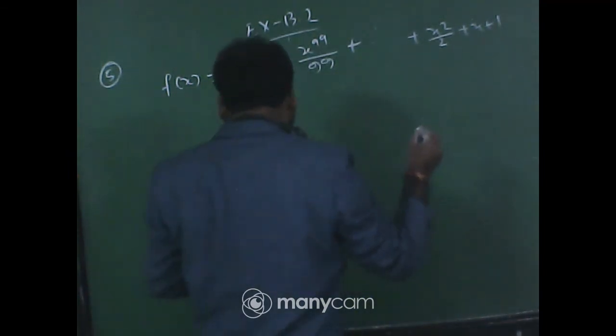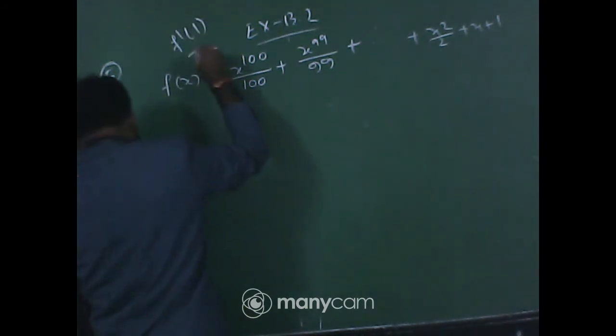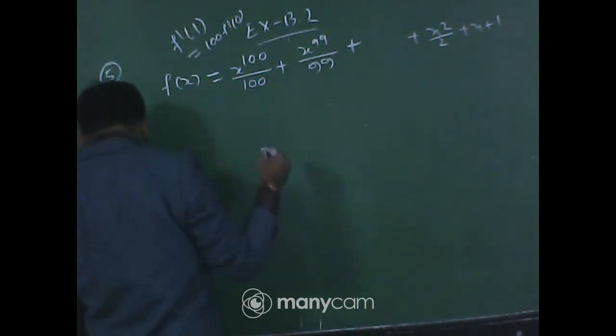Prove that f dash 1 equal to 100 f dash 0.